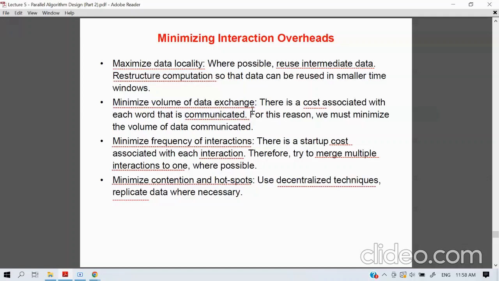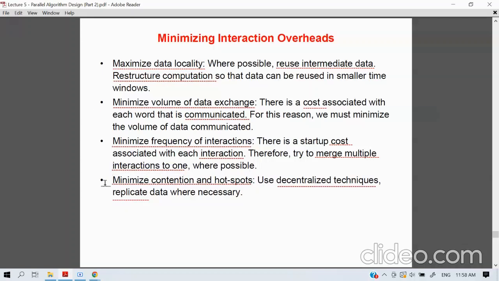So we need to consider the size of the data that we want to send or receive between the 2 processes. Number 3, minimize the frequency of interaction. There is a startup cost when we do the interaction, so sometimes we can try to merge multiple interactions into one. No need to do many interactions; maybe we can combine them into one interaction only.